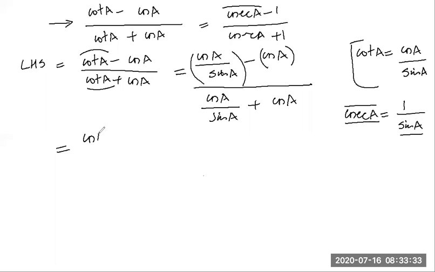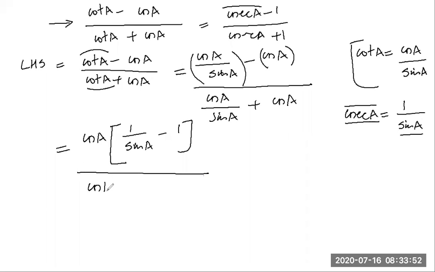So I will take cos A common. What is inside, students? Anybody can tell me? 1 by sin A. So we can write 1 by sin A minus 1, divided by, again please take cos A common, 1 by sin A plus 1.